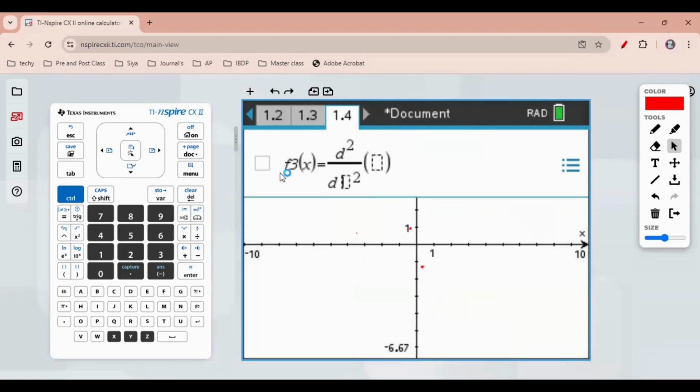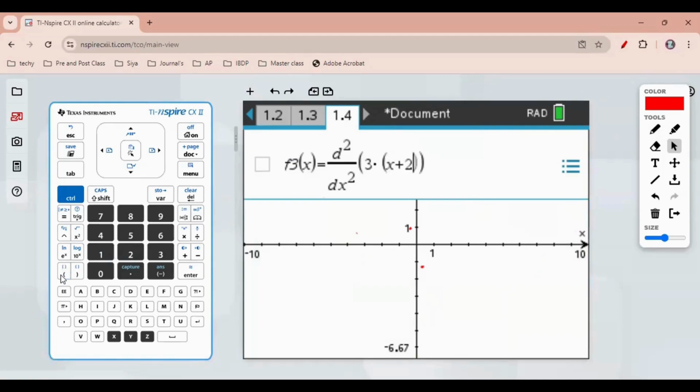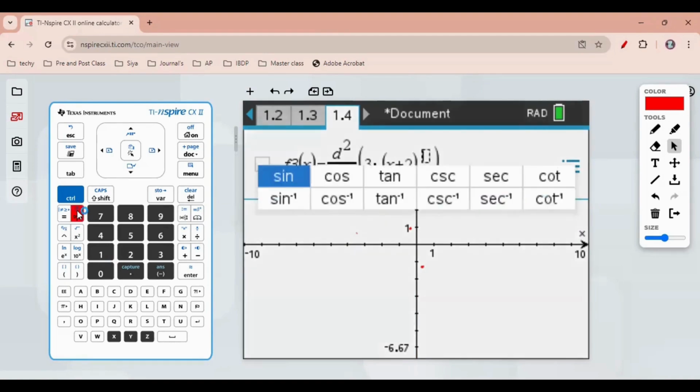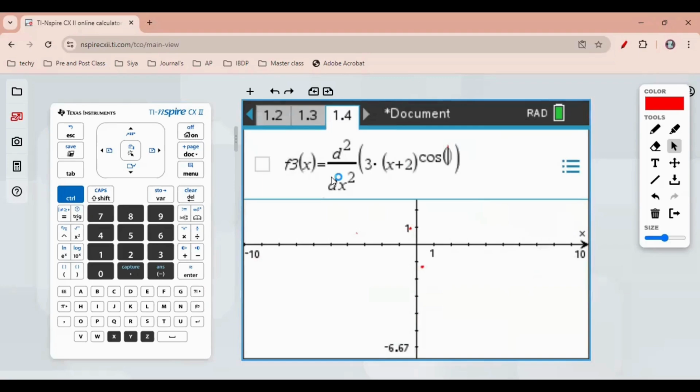So go for this format, and we are differentiating with respect to x the displacement function. So 3 times x plus 2 raised to the power cos x, wait, cos x. Okay, so that's it, and click enter.